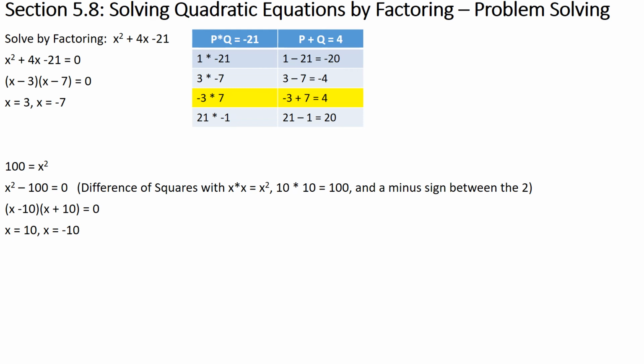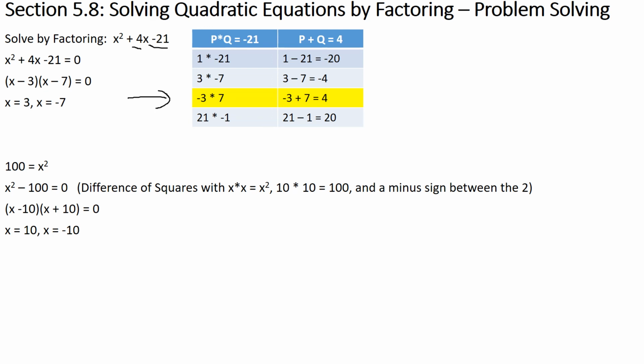Now here's another one. x squared plus 4x minus 21. I use the PQ method here. What p times q equals negative 21, and what p plus q equals 4. I've put all these possible answers in, and I get negative 3 times 7 is negative 21, negative 3 plus 7 is 4. So my answer is going to be x minus 3 times x plus 7, and it equals 0.